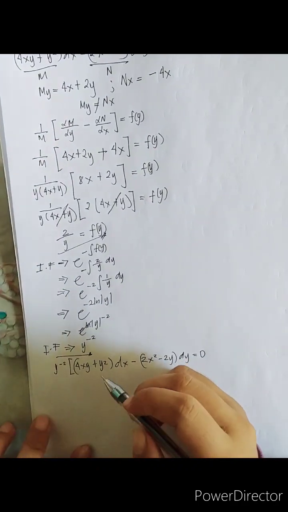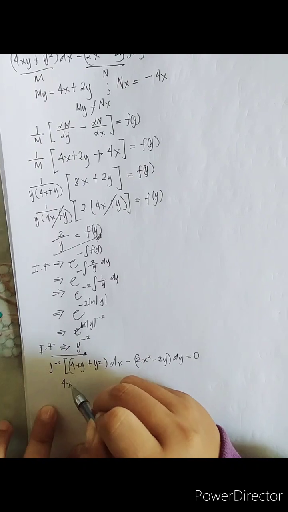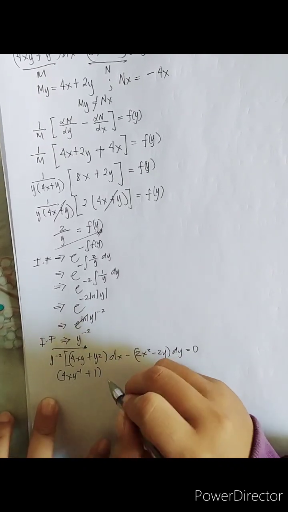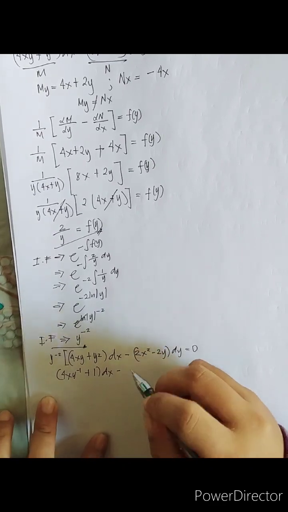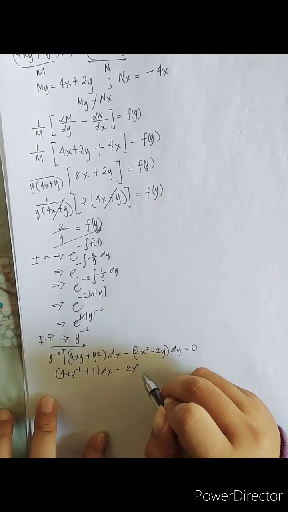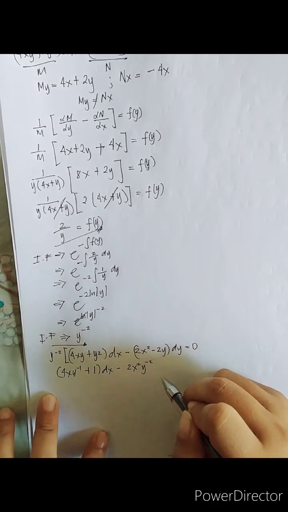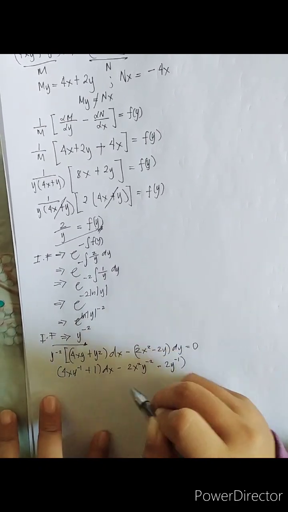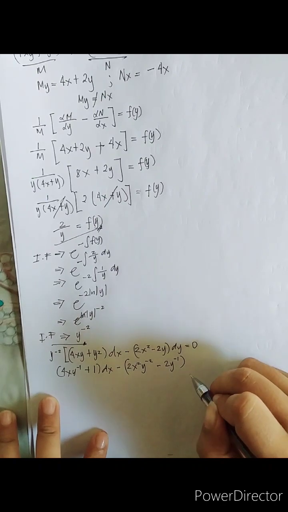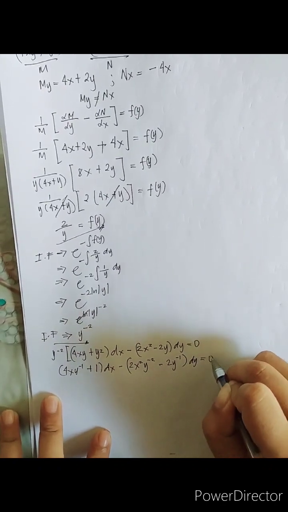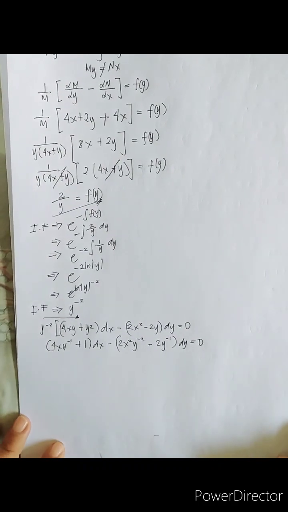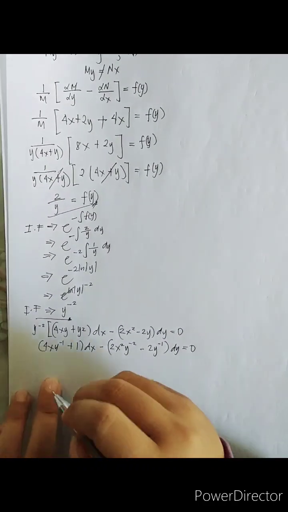So this will be (4xy raised to negative 1 plus 1) dx minus (2x squared y raised to negative 2 minus 2y raised to negative 1) dy equal to 0. Then let us test for exactness.